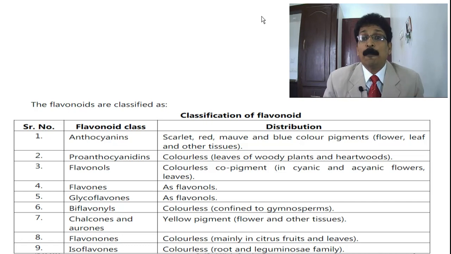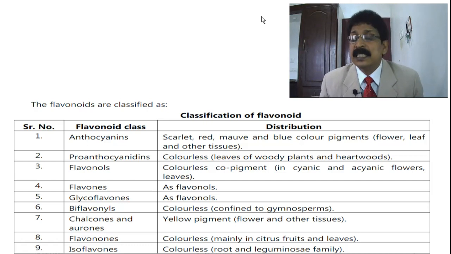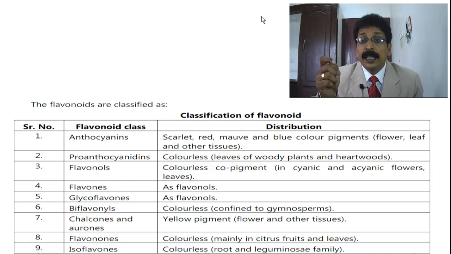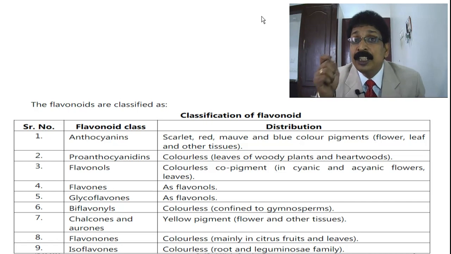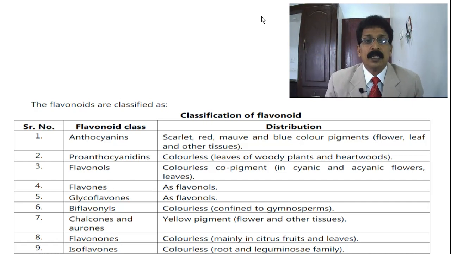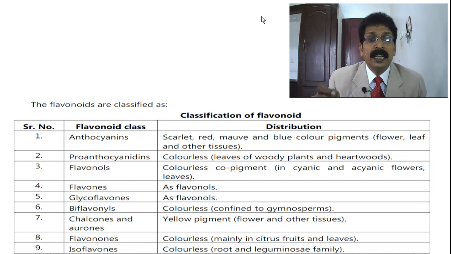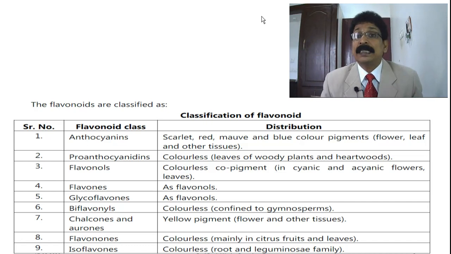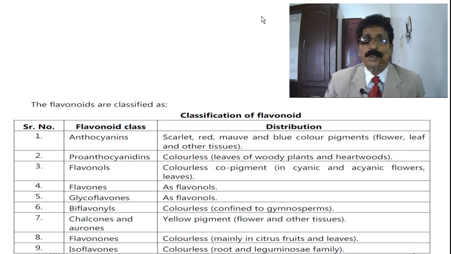Flavones are present as flavonols in the plants. Glycoflavones are present as flavonols in the plants. Biflavonols are colorless, present mainly in gymnosperms. Chalcones and aurones are present as yellow pigment in flowers and other tissues.